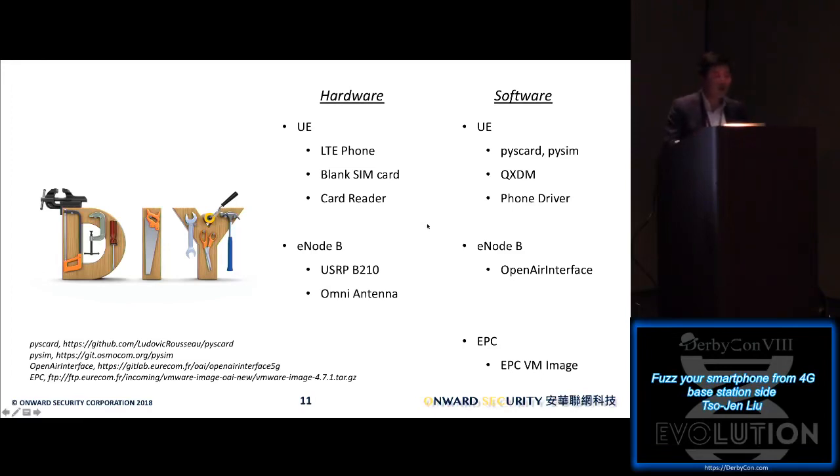Before that, you have to prepare a blank SIM card, because each eNodeB has different settings from your current telecom carrier. So you have to write the information into the blank SIM card and put the SIM card into your cell phone. Your cell phone will connect to the eNodeB. Then you can check whether the environment is working or not.